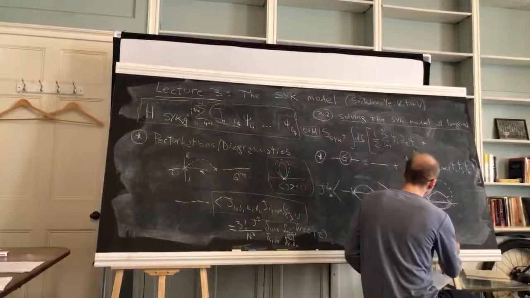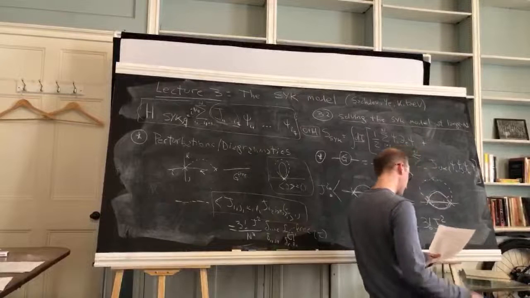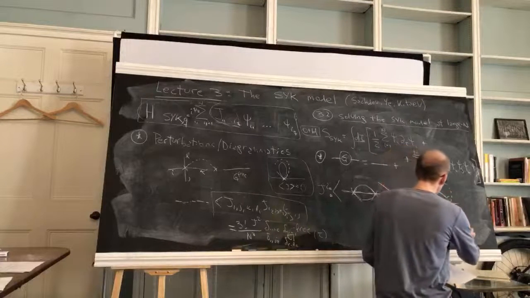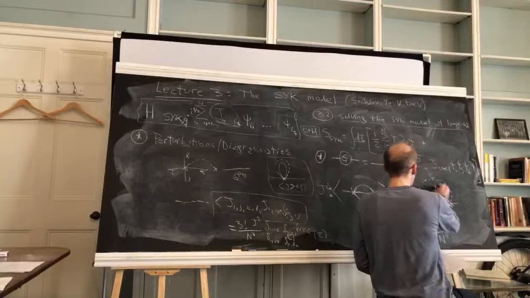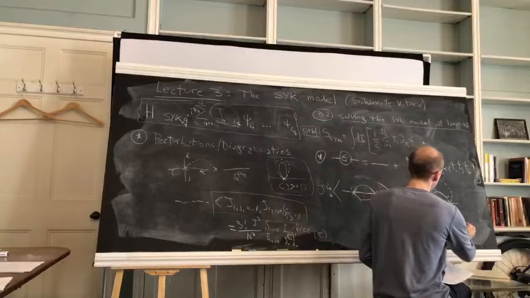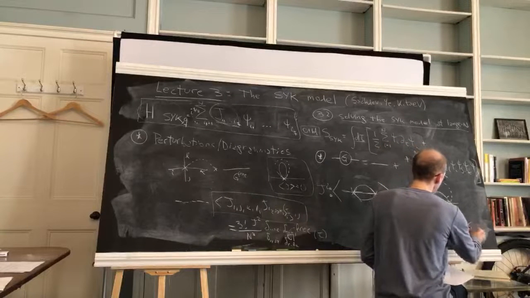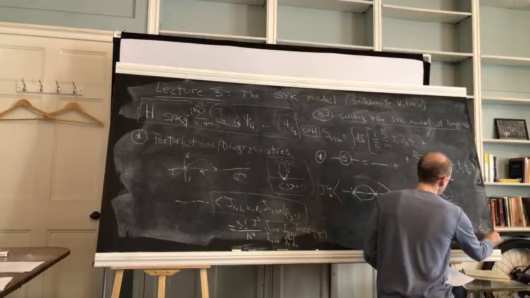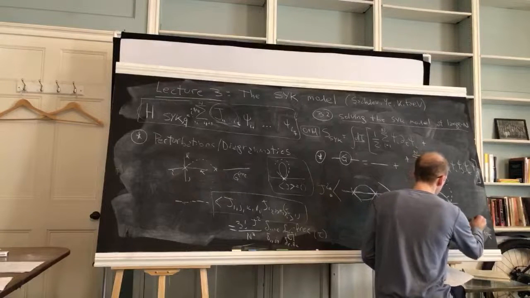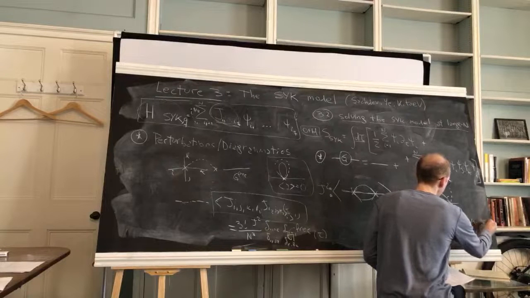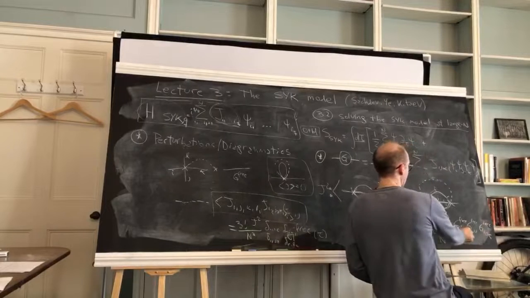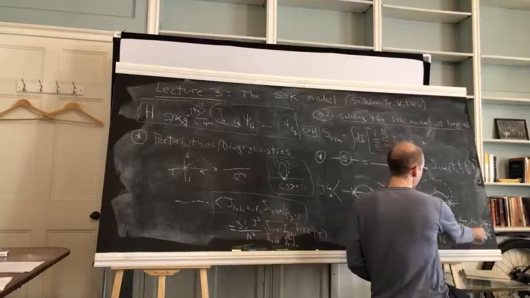But what you get over here is J squared over N cubed. And then say I put i, j, k indices over these legs. Then I will get G_ii free, G_jj free, and G_kk free. But here I'm summing over i, j, and k.